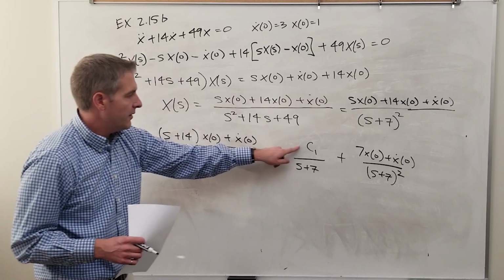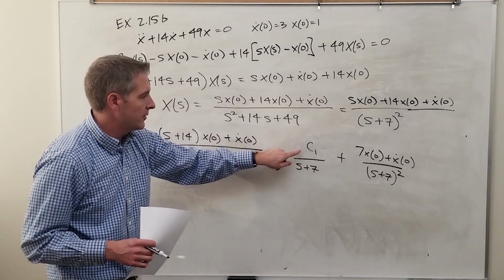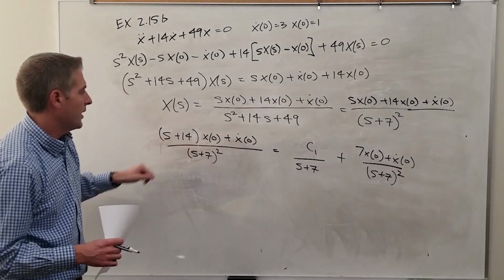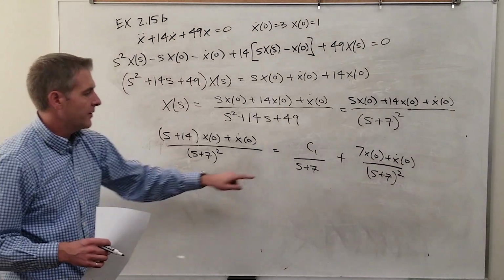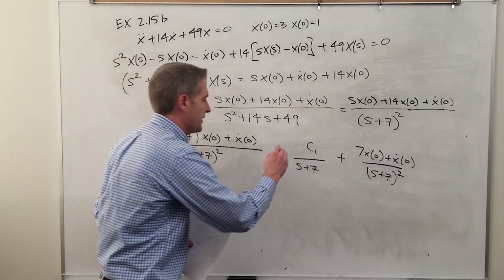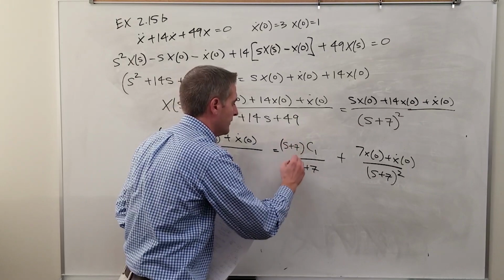And now I need to ask myself, what value of C1 will satisfy the top and the bottom? If I multiply the top by s plus 7, I have to do it to the bottom right here.